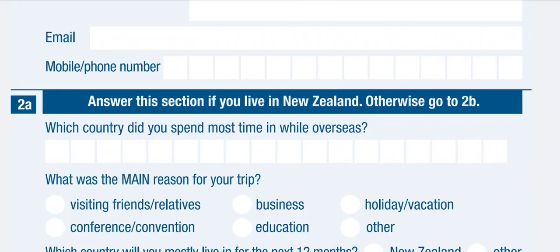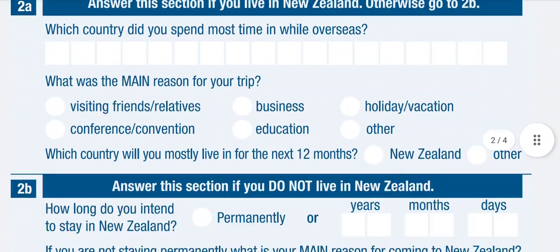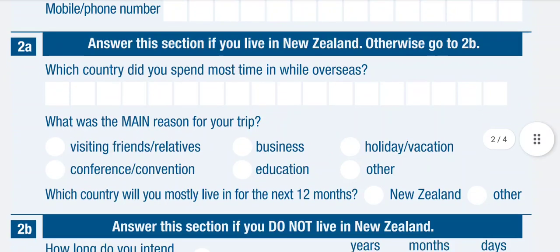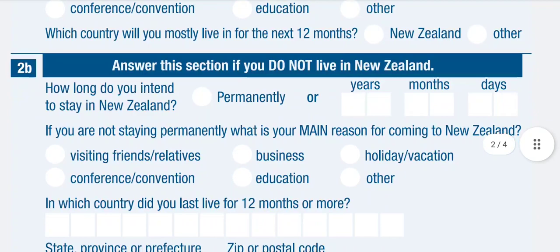Now 2A, answer this section if you live in New Zealand, otherwise go to 2B. For 2A it's very simple: which country you spent most of the time, the main reason you were away for your trip, and which country you will mostly live in the next 12 months, that you need to provide.